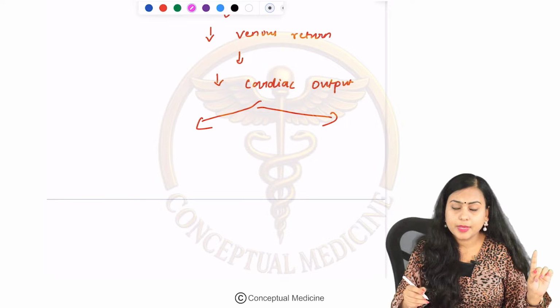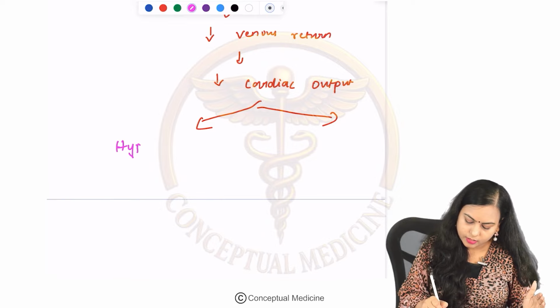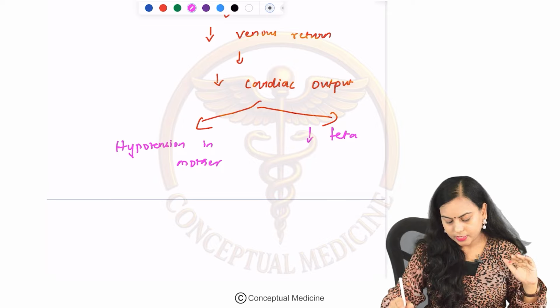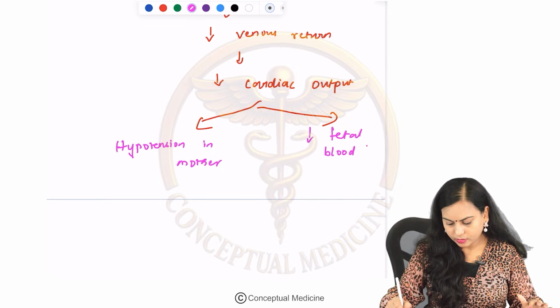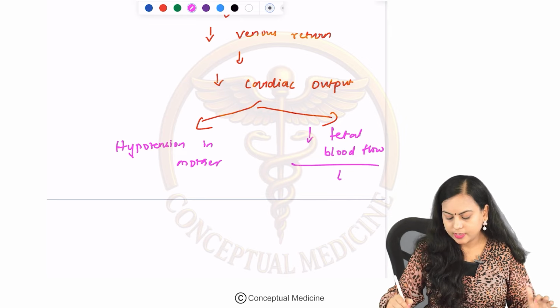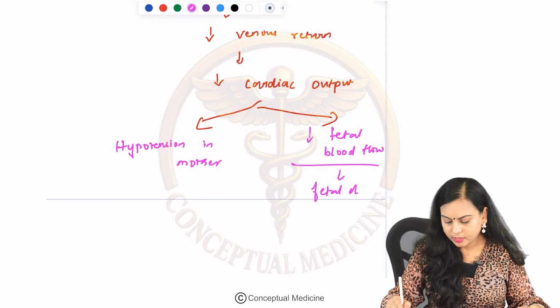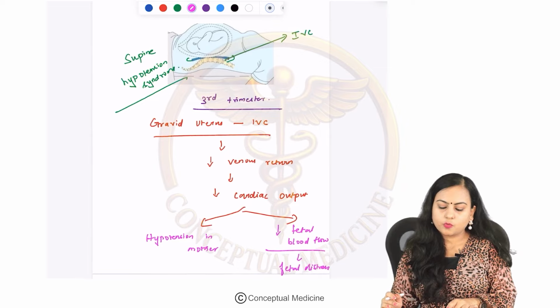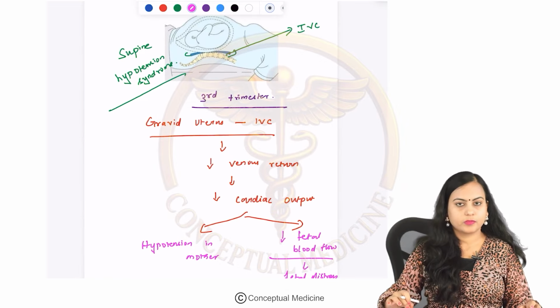One, there will be hypotension in the mother and there will also be reduced fetal blood flow, right? So that will lead to fetal distress in the baby as well. Okay, so this is supine hypotension syndrome, right?